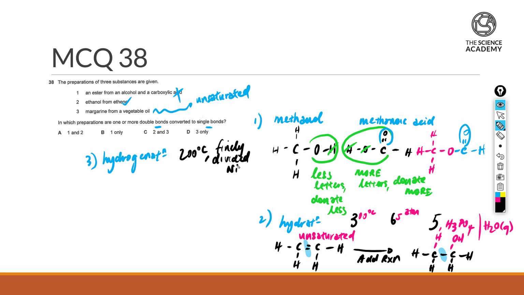So this will cause us to go from something unsaturated into margarine, which is considered to be saturated. So similar to option number 2, there's also a breakage of double bonds to convert it into single bonds, making C the correct answer for 38.